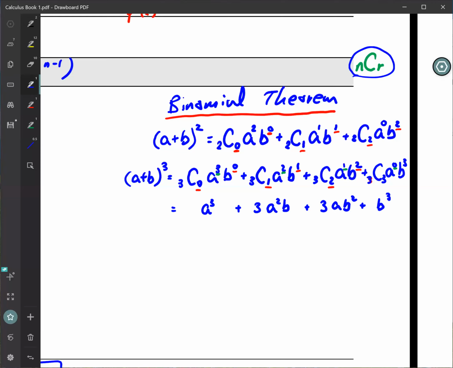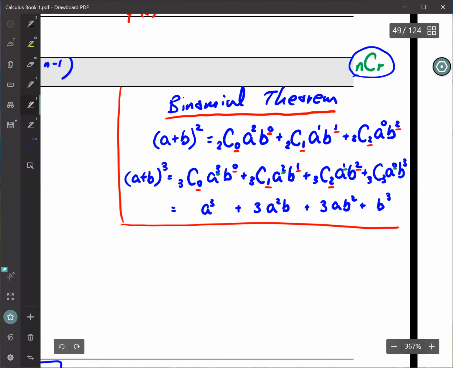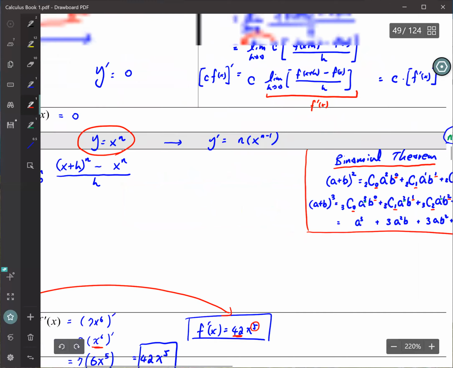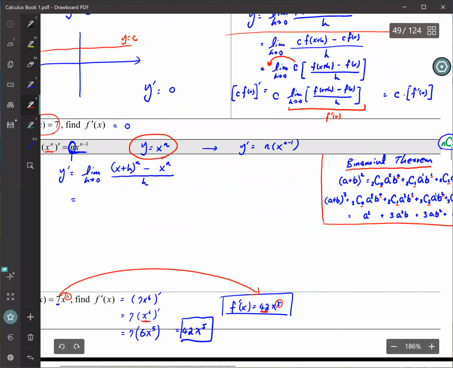And then we're going to use this on the binomial on the left. We have a binomial here, x plus h to the n. Are you ready? So let's write it out.